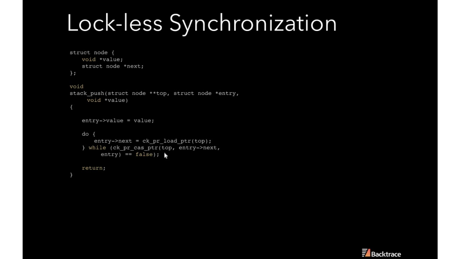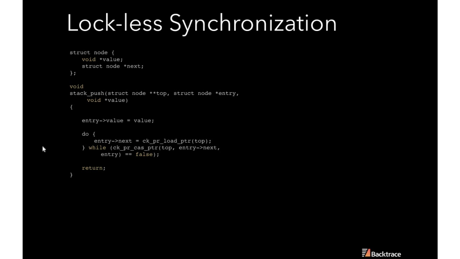Then we're going to set the top of the stack to our snapshot, assuming the top of the stack is still equal to our snapshot. This is using the compare and swap operation. You can read this as: if top of stack is equal to entry next, then set the top of stack to entry.